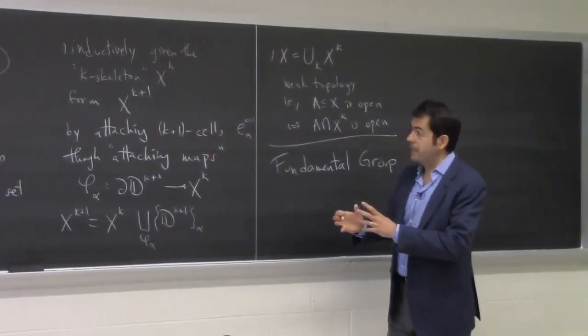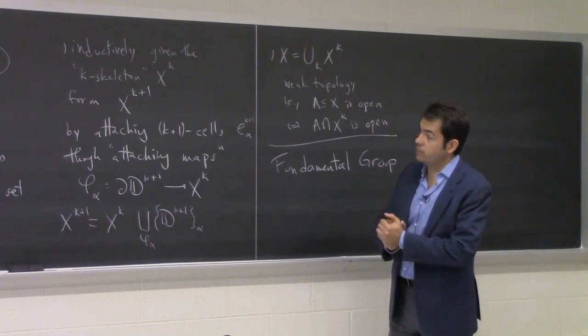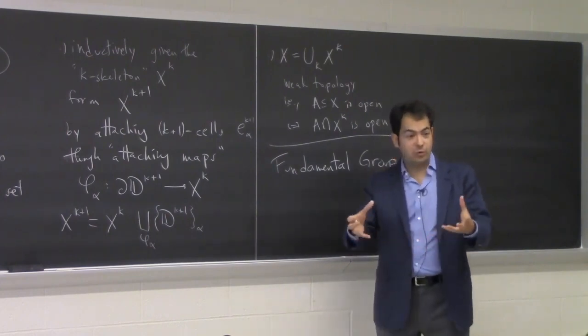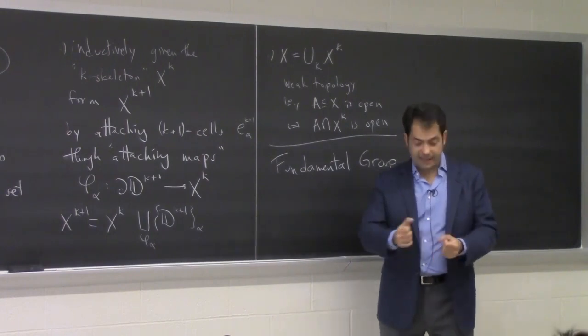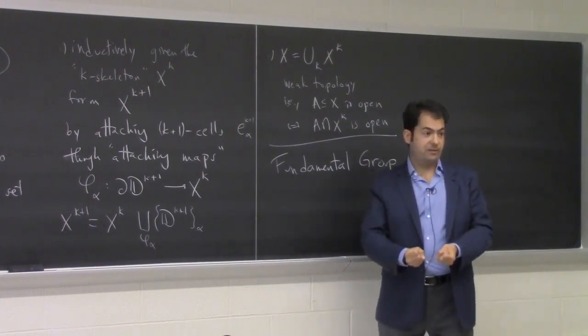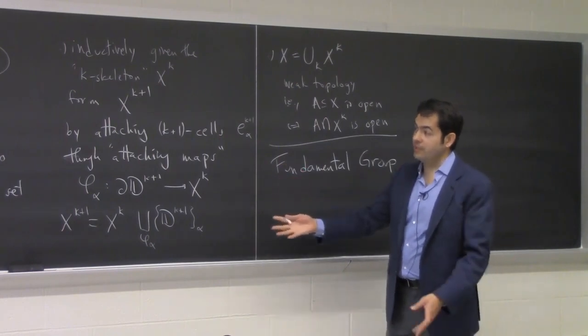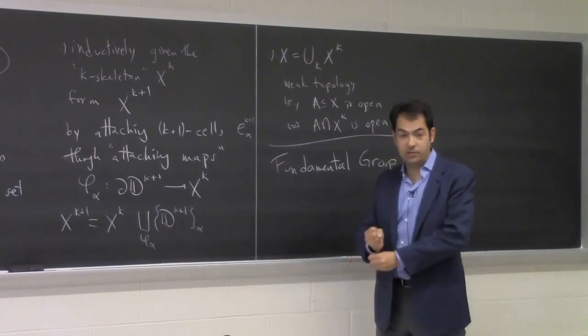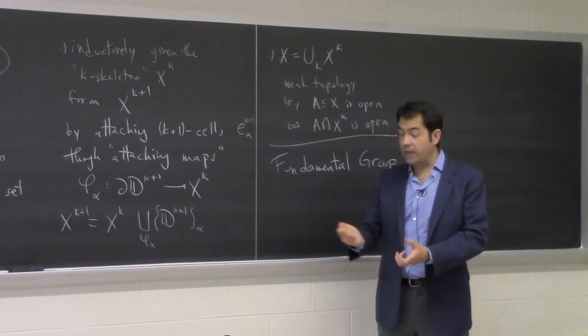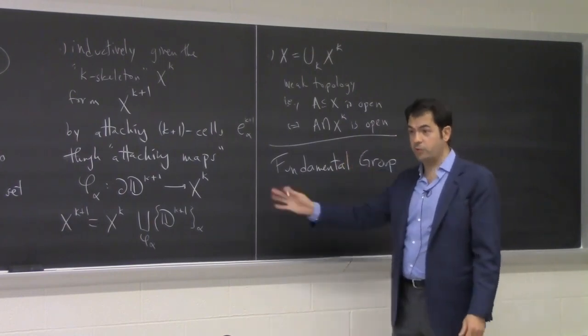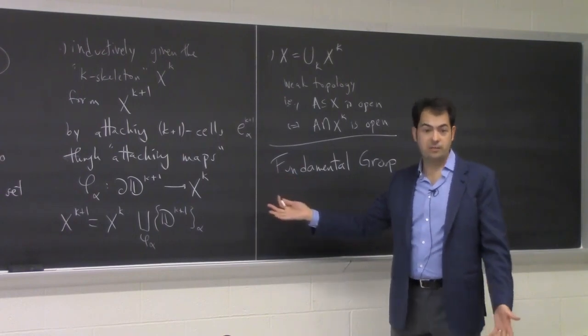One way we can do that is to think of a loop as being like a lasso, and then you try to pull it tight and see whether it gets caught on anything. So we introduced the notion of homotopy to make sense mathematically of pulling it tight, and now we want to implement that: put in a bunch of loops on a space and see if you catch anything.